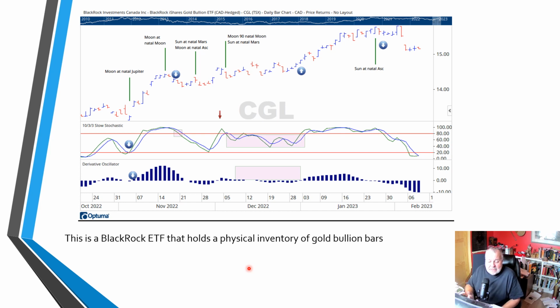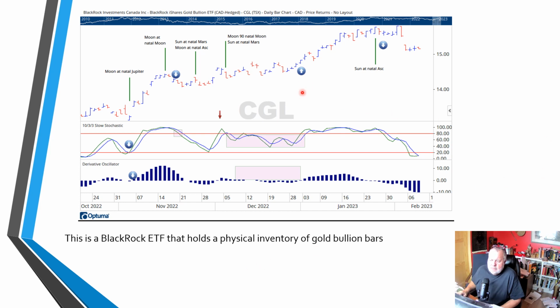Well, Newmont Mining is actually part and parcel of the XGD ETF. So there's an example where that collection of mining shares can suffer some weird occurrences through no fault of astrology or anything else. It could just be how the markets perceive a proposed merger of two companies. So going forward, I think I'm going to stick to the BlackRock ETF that actually holds the physical inventory of gold bullion bars.